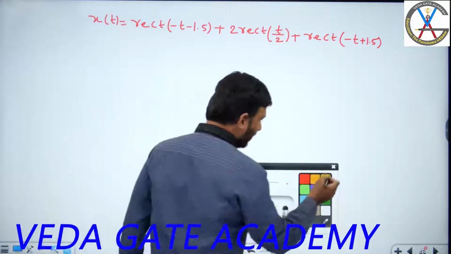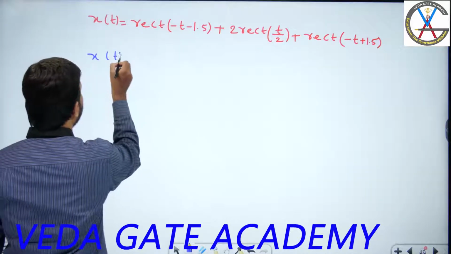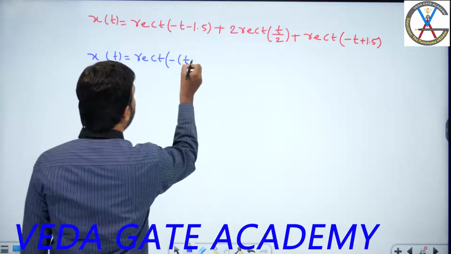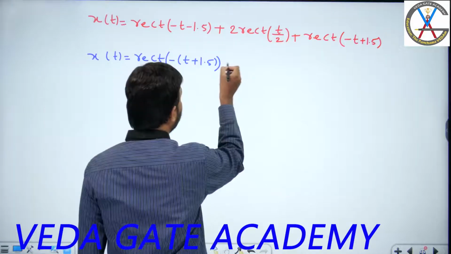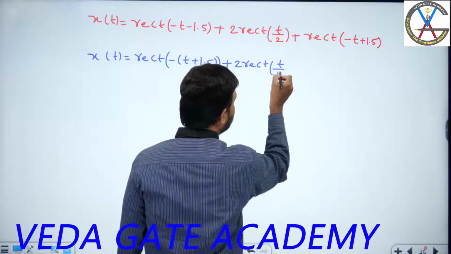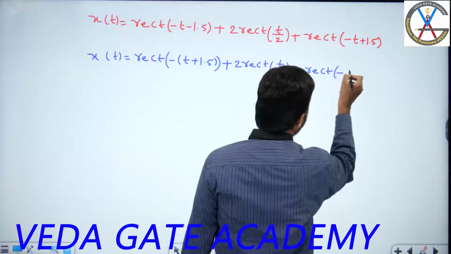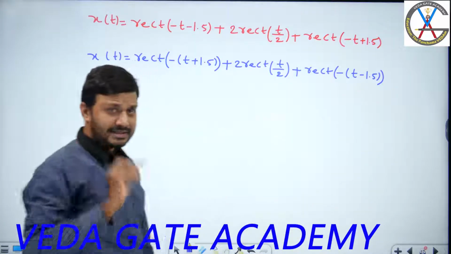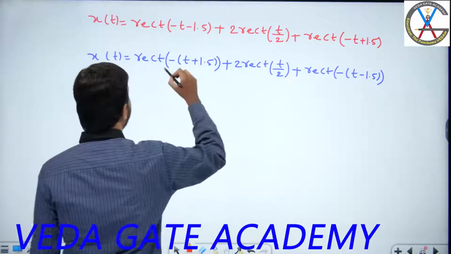Why? Because we can simplify now. How can you simplify this? x(t) is equal to rect of, taking minus common, (t + 1.5), plus 2 rect(t/2), don't change this one, plus rect(-t - 1.5). As the rectangular pulse is an even signal, as we have already seen, this minus will not have any significance.